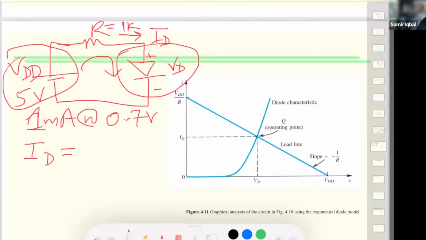How do we find the current through these two? It will be the power supply minus the voltage drop across the diode divided by the resistance, 1 kilo ohm. And that gives us 4.3 milliamp.